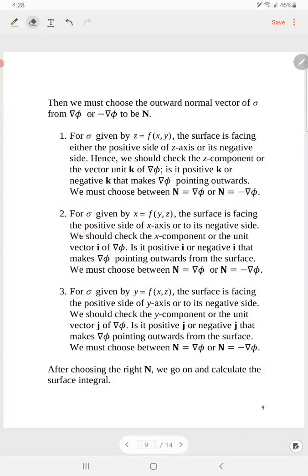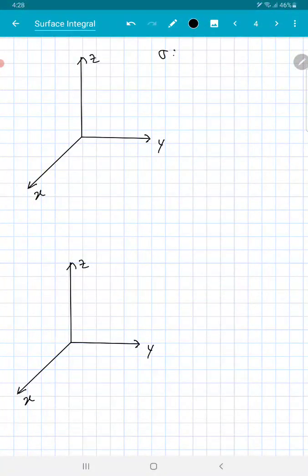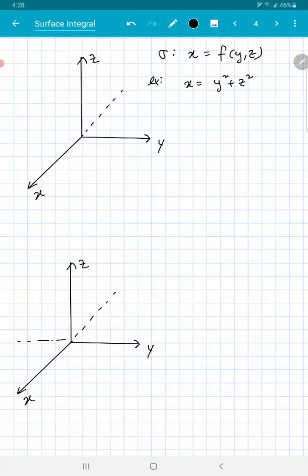Okay, let me explain further for case number 2. Your surface is given as x as a function of y and z, so it would either be facing the negative x-axis or positive x-axis. For example, let's say you have a surface x is equal to y squared plus z squared.